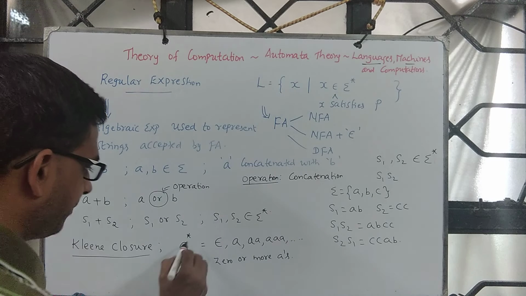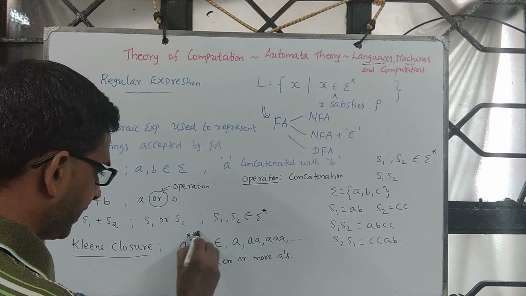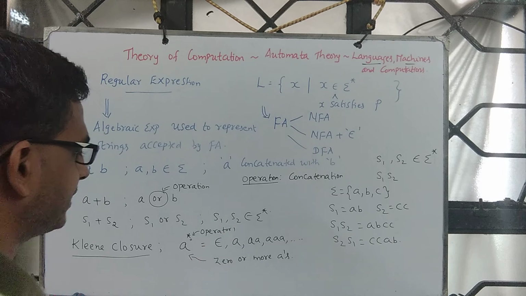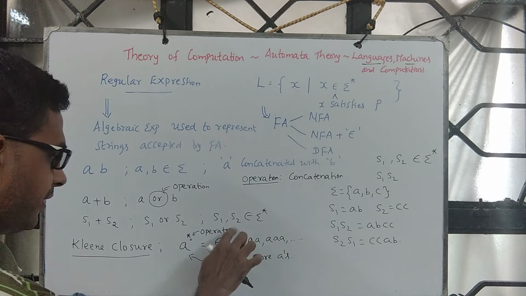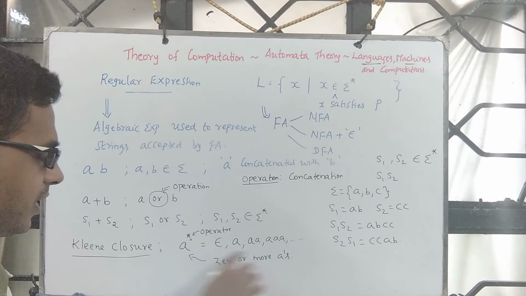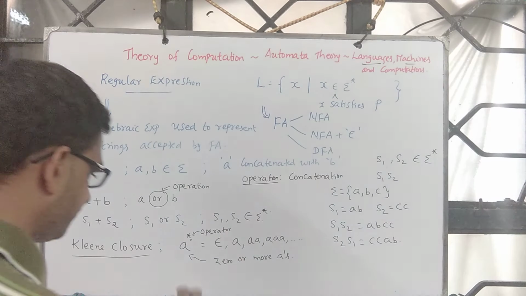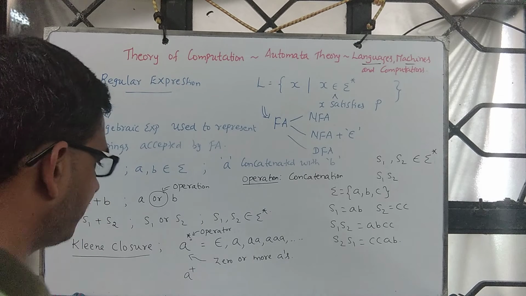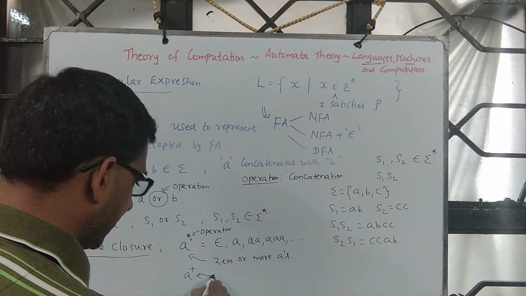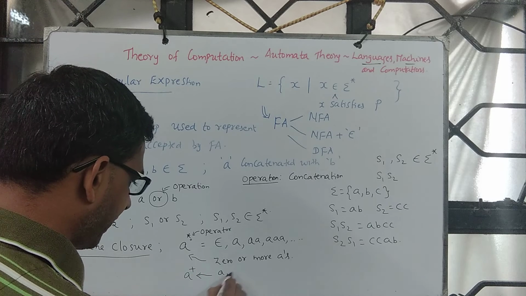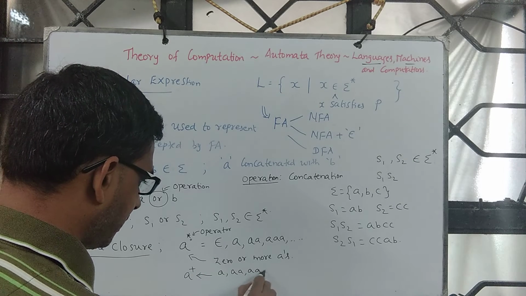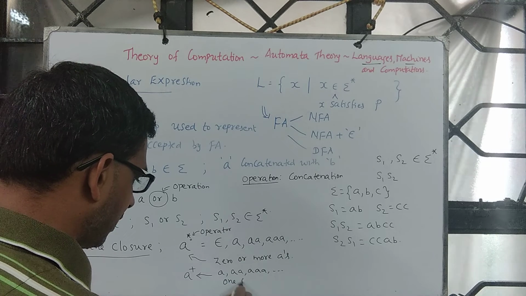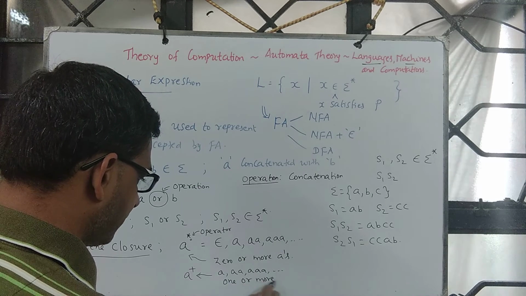When we use this operator A star, this operator tells you that you can have 0 or more A's. When we write A plus, this is also an operator, which means at least one A. You get A, AA, triple A, and so on. So starting from here, which means 1 or more A's.